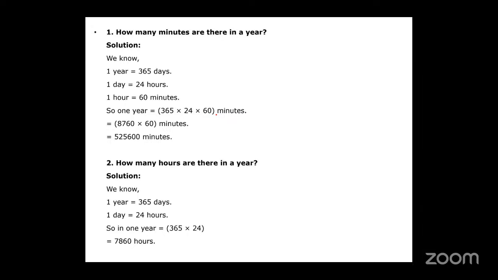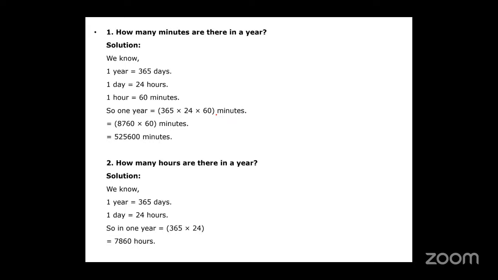How many minutes do we have in a year? So the first thing to do is to know how many days we have in a year. That is 365. How many hours do we have in a day? 24. So 365 times 24 will give us our conversion up to hours.